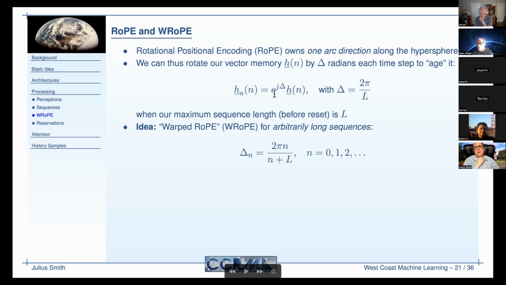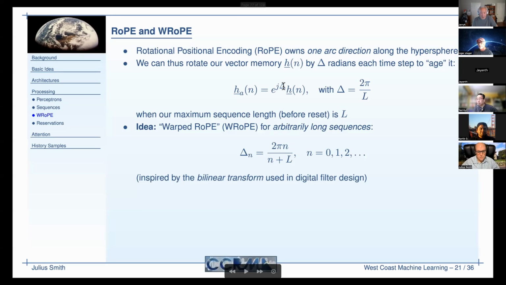You imagine your embedding vector, then you multiply by a matrix that has little 2x2 rotation matrices: cosine, sine, cosine, minus sine. And you also divide your coordinates in half. In my case, I just go from real to complex, which gives me twice as many numbers to work with. And what they do is take the real numbers and cut them in half and get the same result. Yep. Okay.